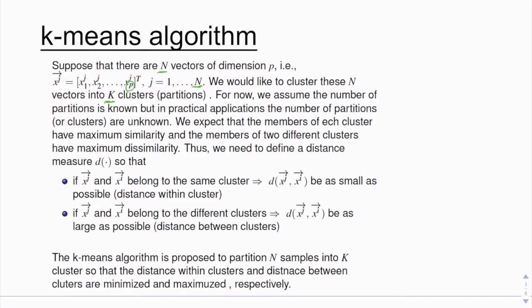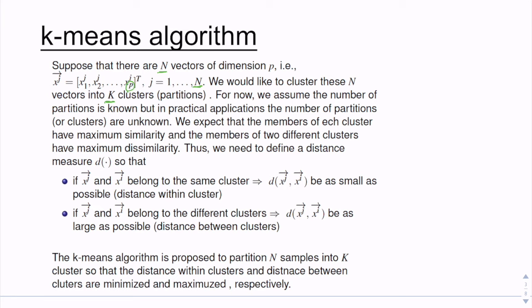They are equivalent. So the goal of k-means is that if you have a pair of two vectors, they should belong to the same cluster if the distance between these two vectors is as small as possible. And two vectors belong to different clusters if the distance between these two vectors is as large as possible.